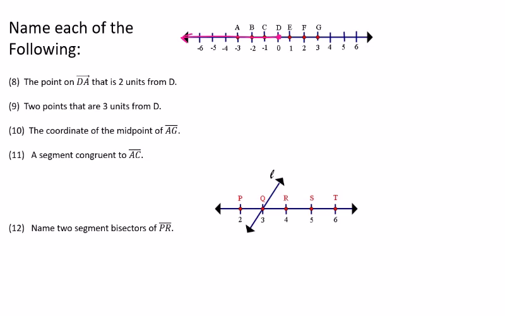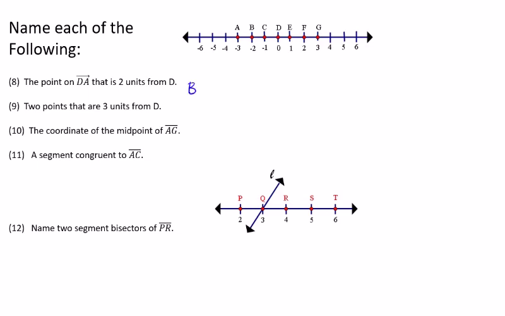And so 2 units from D on that ray would be B. F is also 2 units away from D, but it's not on the ray, so F doesn't work as an answer. So our answer here would be point B.